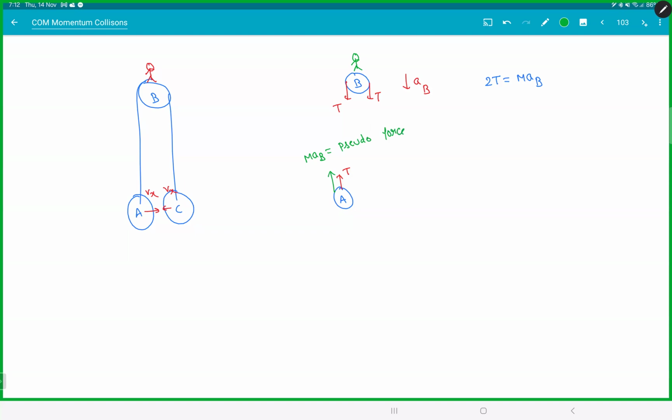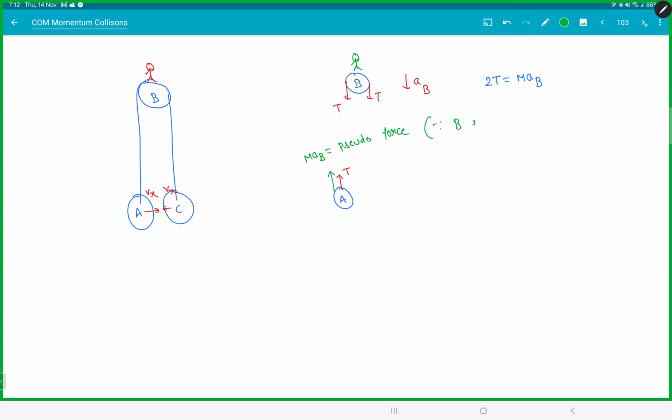This is your pseudo force. Till now, you didn't have a problem, because the velocities were constant. At that point, the systems were not accelerating. But if you look at this point here, isn't B decelerating because of this tension? So if you put an observer on point B, isn't B a non-inertial frame? So you have to apply pseudo force.